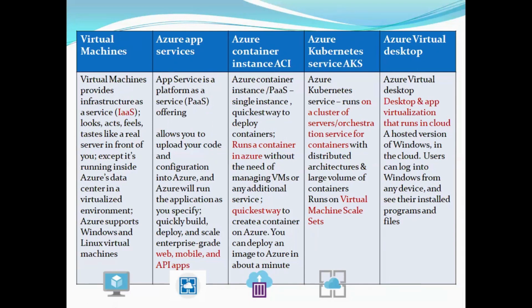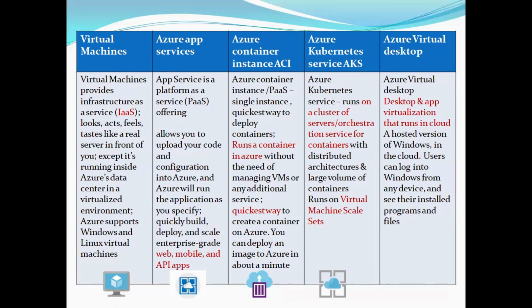Next is Azure App Services. It helps to build and deploy various levels of web, mobile, and API apps, and it is an example of PaaS, Platform as a Service. Next is Azure Container Instance. It helps to create a container in Azure, and it is the quickest way compared to other services.